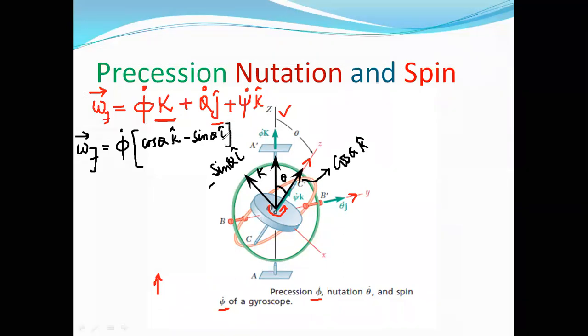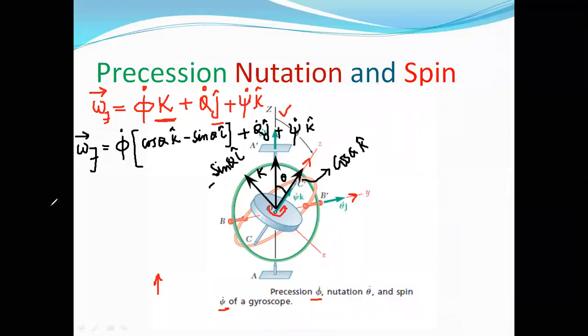This is our K. Plus we have theta dot along small j cap, plus psi dot small k cap.